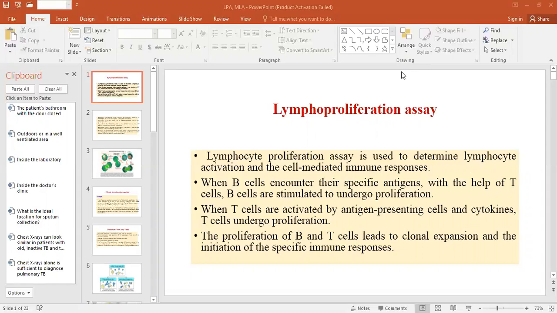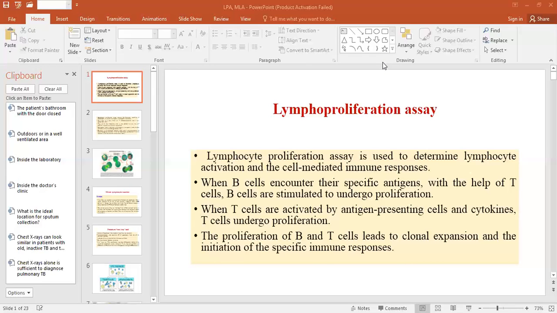Lymphoproliferation assay, or lymphocyte proliferation assay, is used to determine lymphocyte activation and the cell-mediated immune responses. When B lymphocytes encounter their specific antigens, with the help of T lymphocytes, B lymphocytes are stimulated to undergo proliferation.